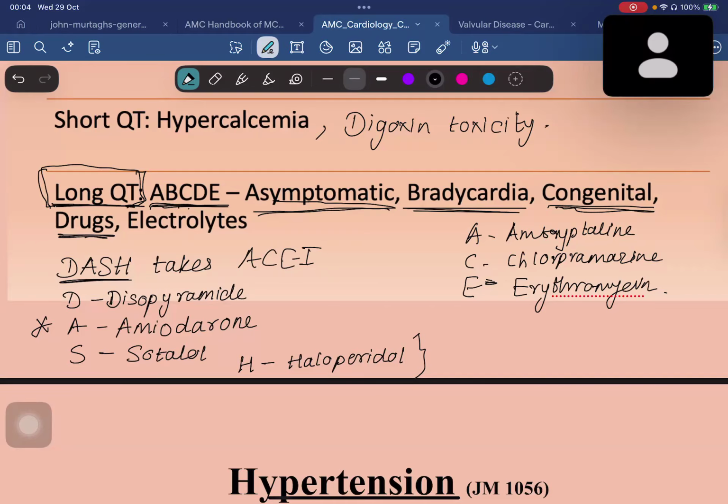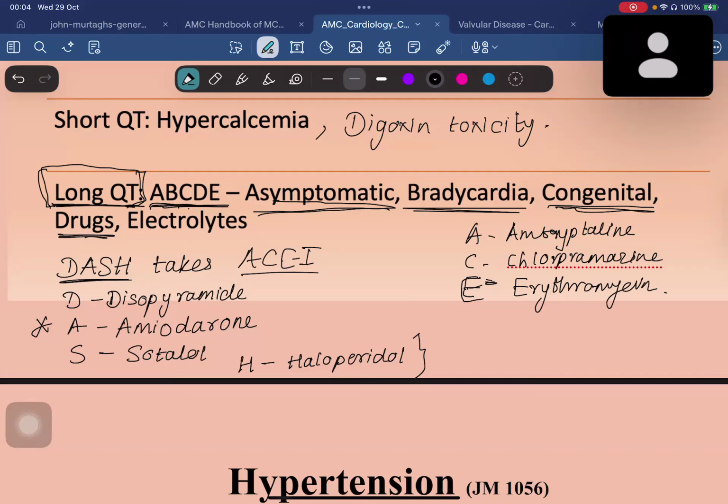That's how I remembered ACE. There was nothing for the inhibitors, but I just remembered it like ACE inhibitors. So DASH takes ACE inhibitors. DASH was disopyramide, amiodarone, sotalol, and haloperidol. ACE inhibitors as amitriptyline, chlorpromazine, and erythromycin.